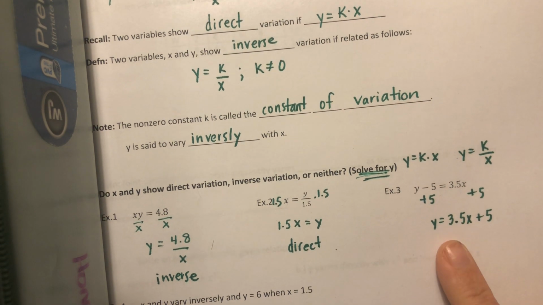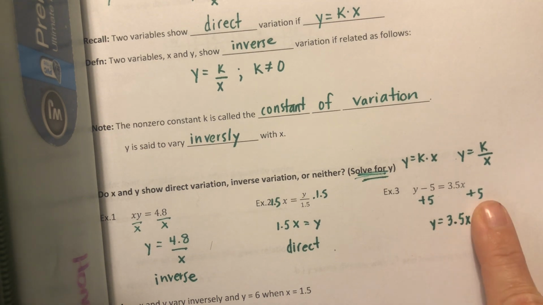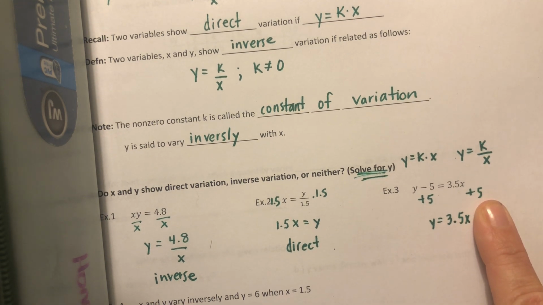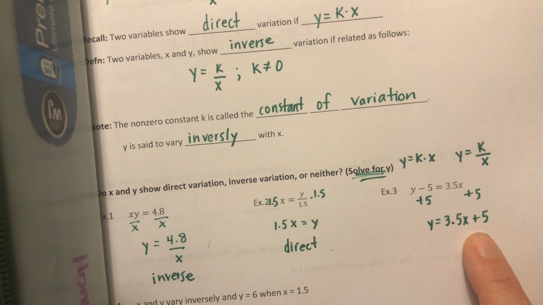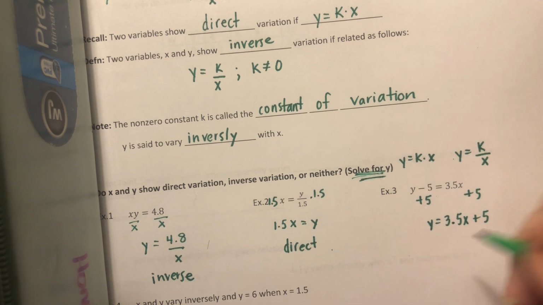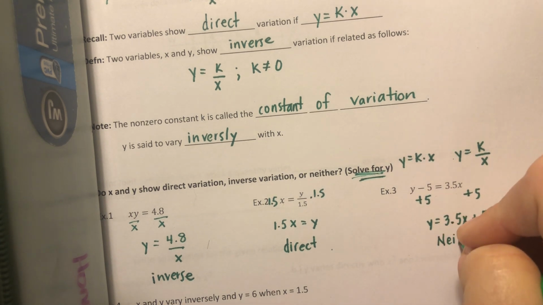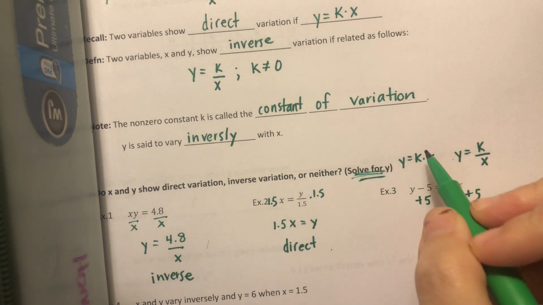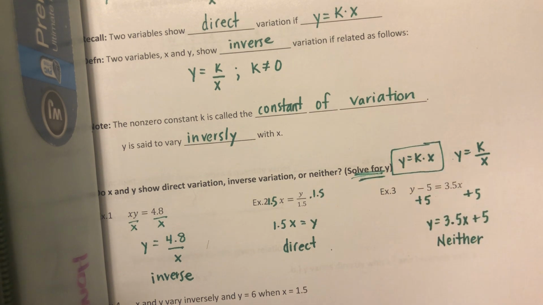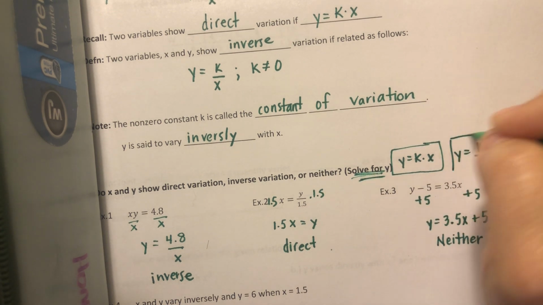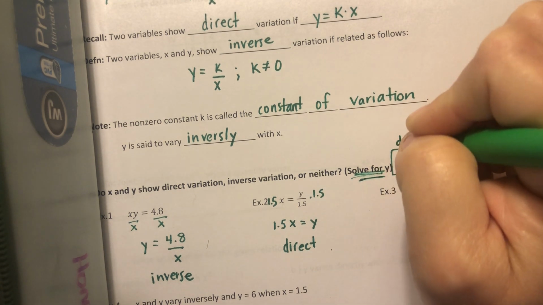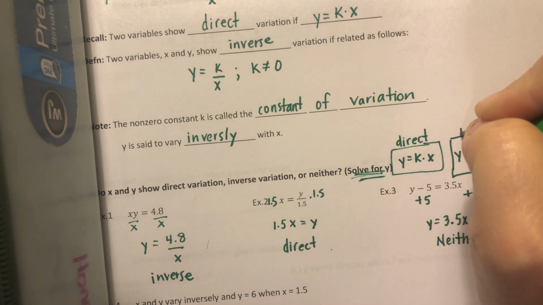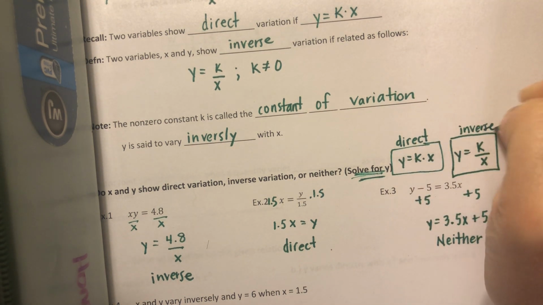So the beginning of this looks direct. Like if I covered up that plus 5, we would be like, okay, that's direct. But when you add something else to it or subtract something else from it, this one is neither. So again, this is the format for direct variation. This is the format for inverse variation. Make sure that you have those two things in your head.